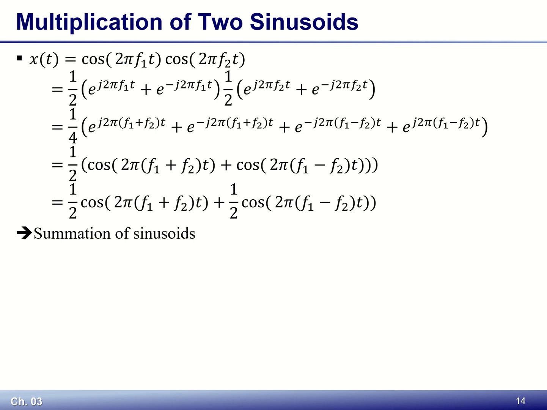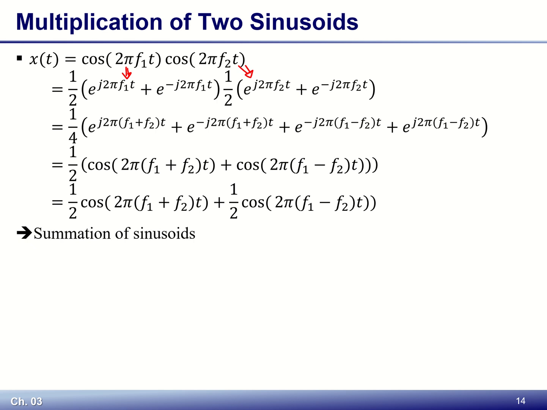Cosine 2 pi f1t times cosine 2 pi f2t. Using Euler formula, we can express it like this.